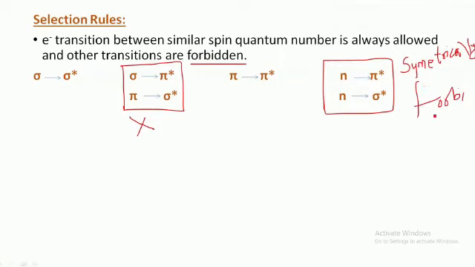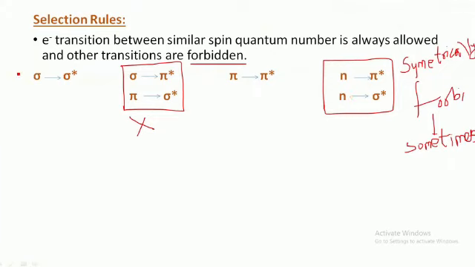What does symmetrically forbidden mean? It is allowed only sometimes, depending on the nature of your molecule, the radiation that you're studying, and what state the molecule is in. These kinds of transitions can then take place.